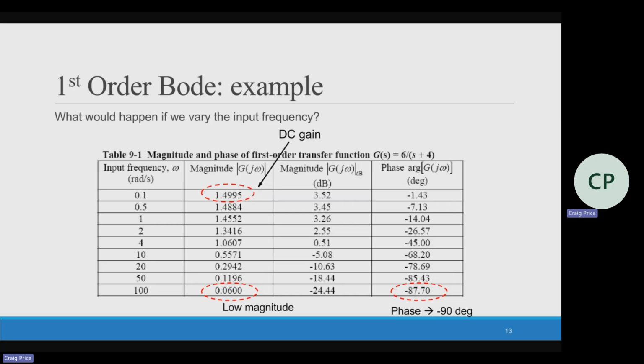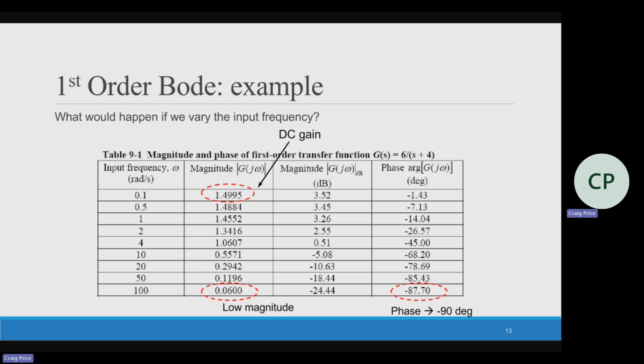This is what happens to the magnitude. So at really low frequencies, our magnitude is essentially the DC gain, right? 1.5. That's what our DC gain is. So we stay close to 1.5 until we hit a certain point, and then it really tapers off. That means that our output amplitude really drops.